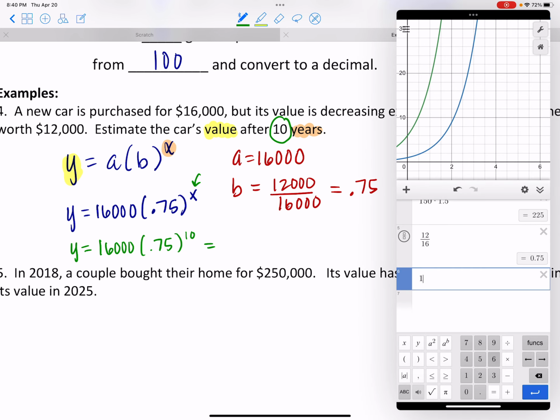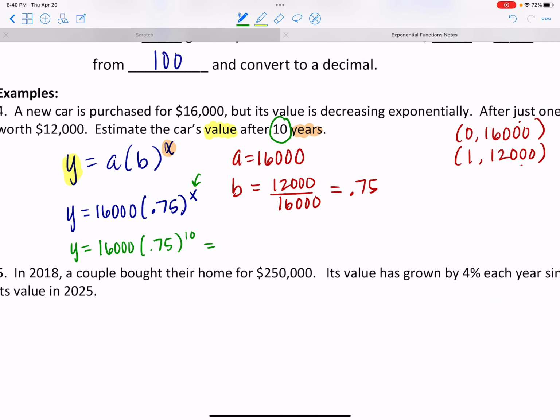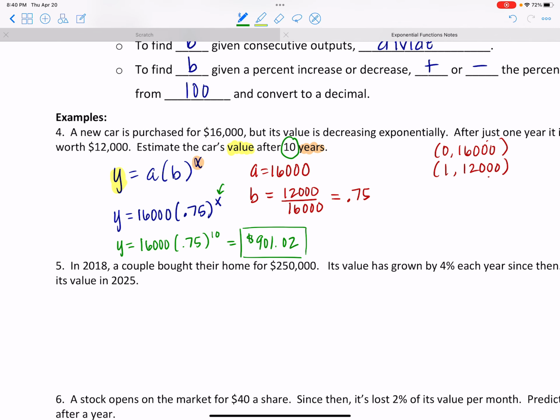So we start at 16,000, and then we're only going to have 75% of the value every year after that. For 10 years, we end up at $901.02. $901.02 would be the estimated value based on the pattern of what's been happening in that function.